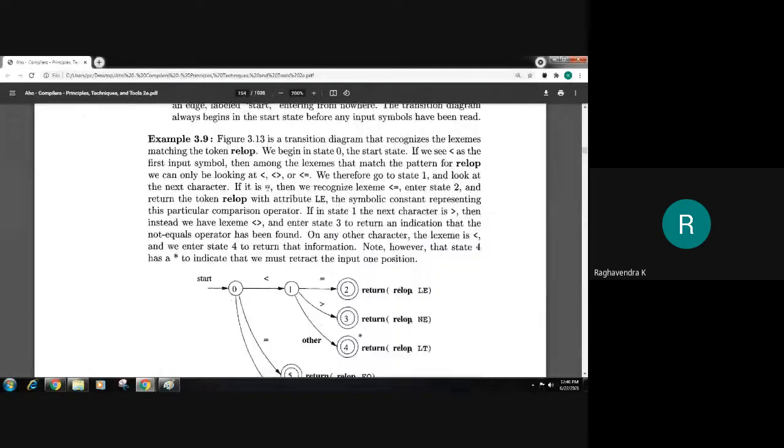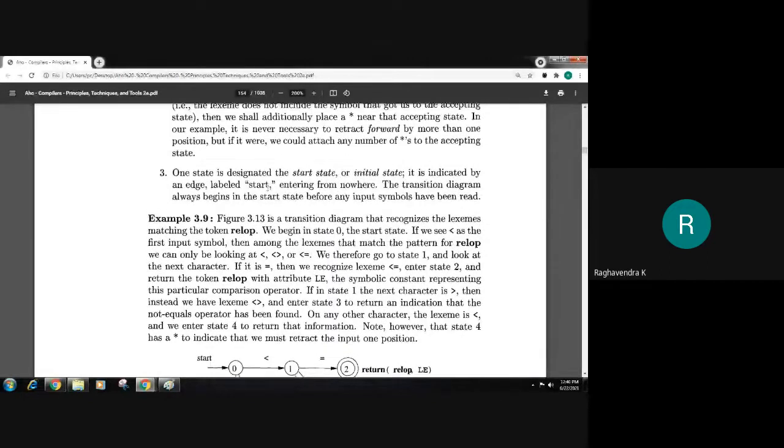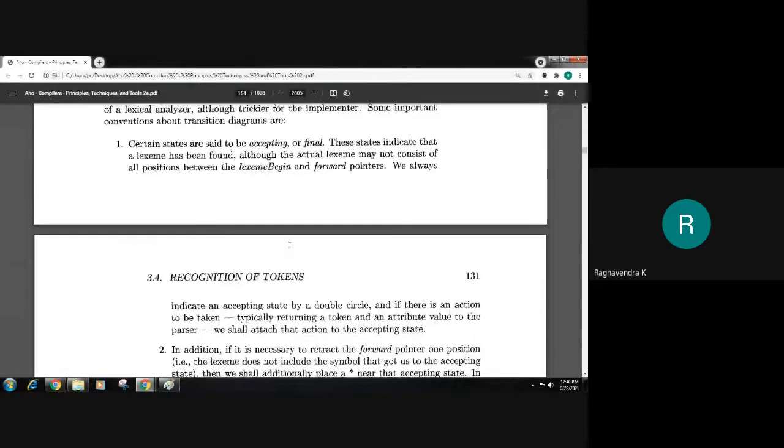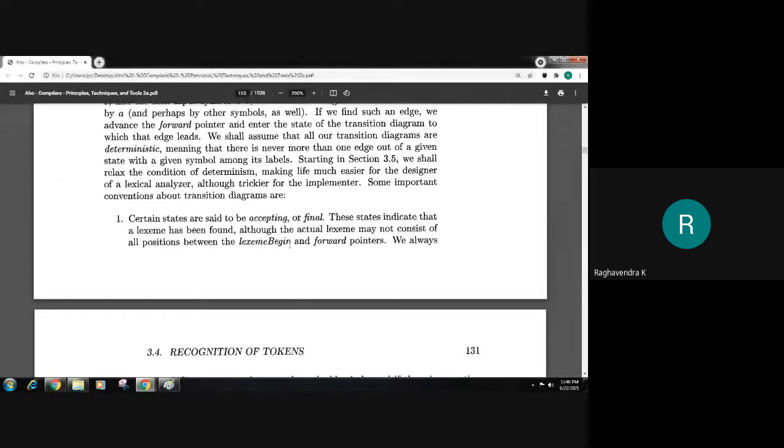I believe I need not explain the basics of transition diagrams, because I think all of you are familiar with them. However, let us have a look at how these transition diagrams are used.